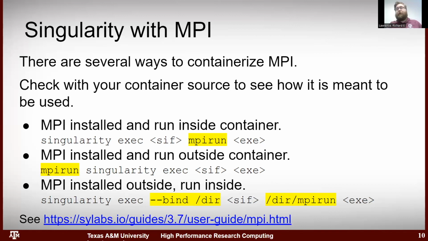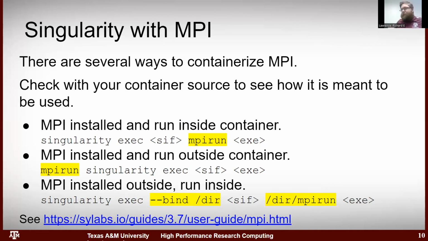You can also install MPI and run MPI outside the container. The advantage is that the MPI is installed by your administrators, so it knows about your local hardware. But the disadvantage is that the features in the container may not be available, because the features in the container don't necessarily know what kind of MPI is outside the container.